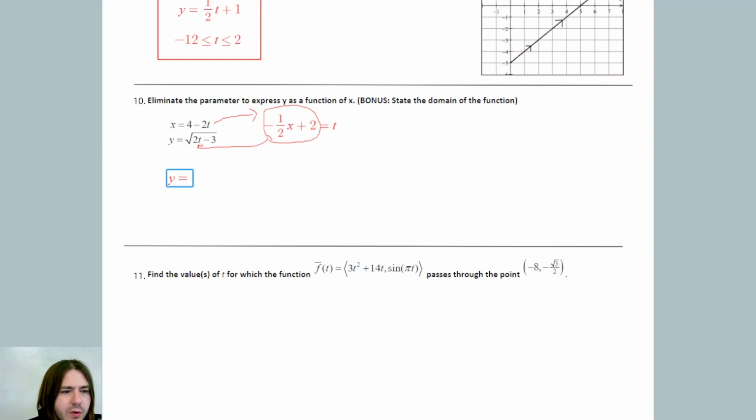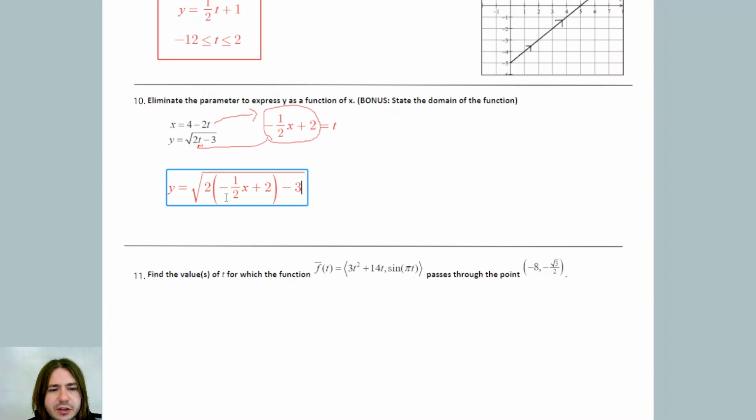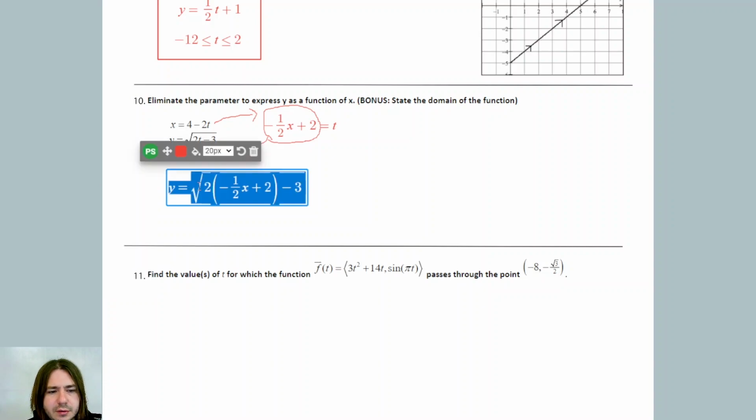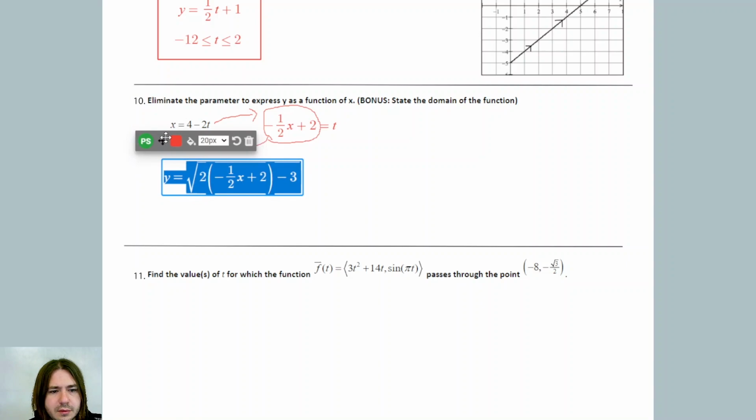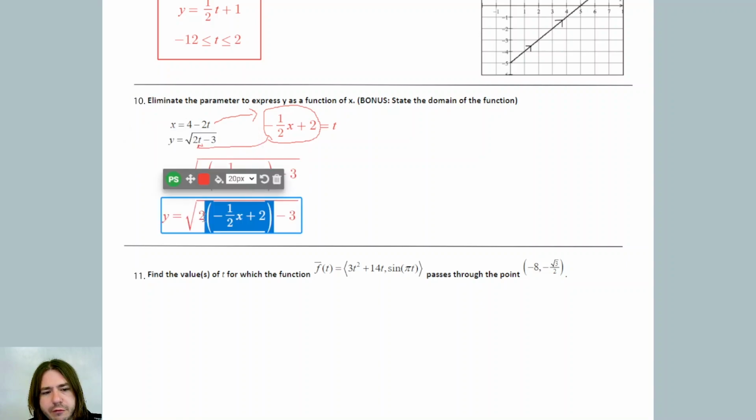So y equals the square root of 2 times negative 1/2 x plus 2 minus 3. So if I distribute this 2, 2 times negative 1/2 will just be negative 1.